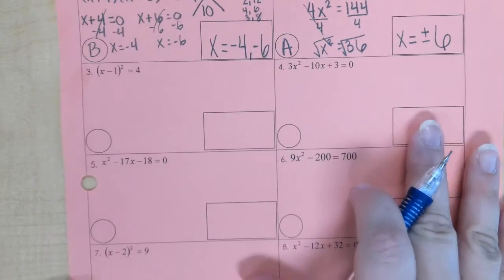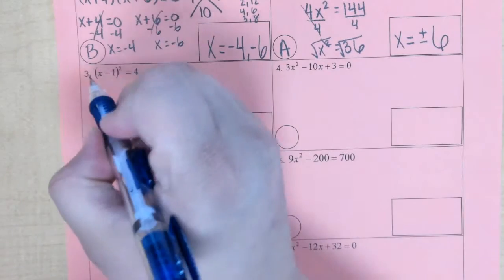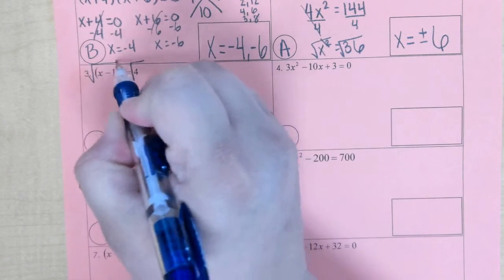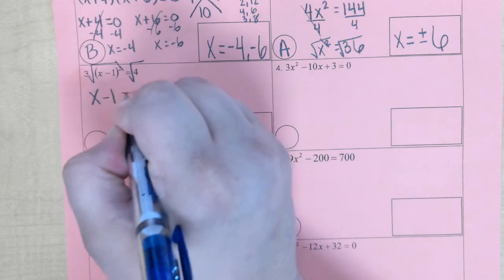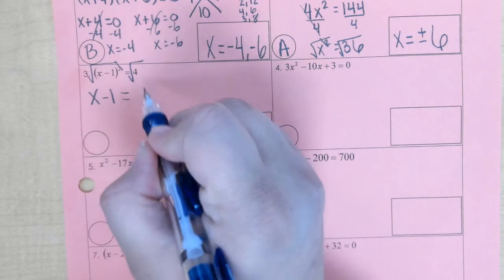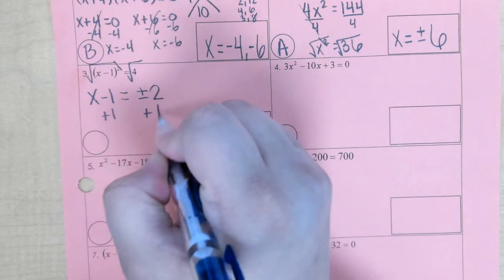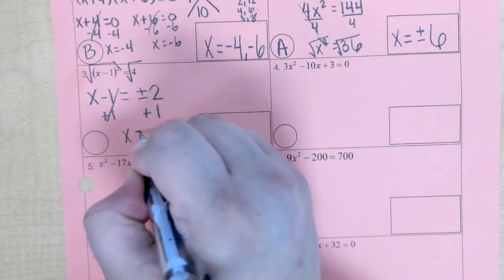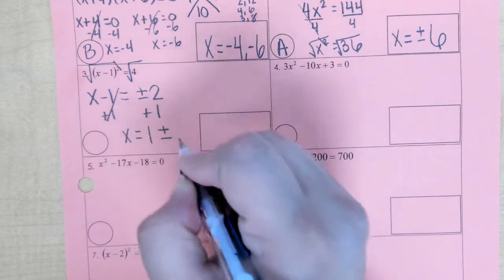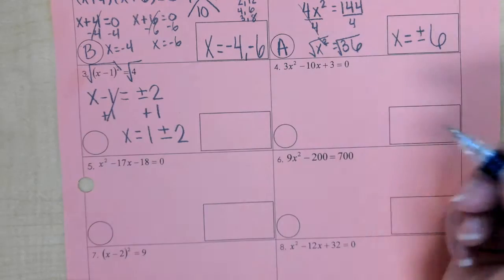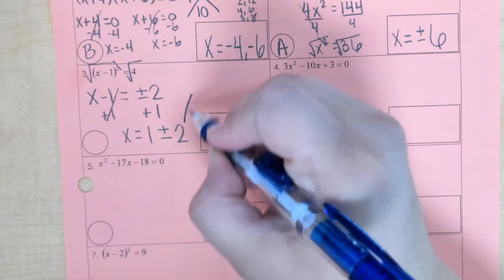Okay, in number 3, we need to take the square root of both sides. So I have x minus 1 equals, and then that would be plus or minus 2. So I add 1, and x equals 1 plus or minus 2. And then I branch it off.